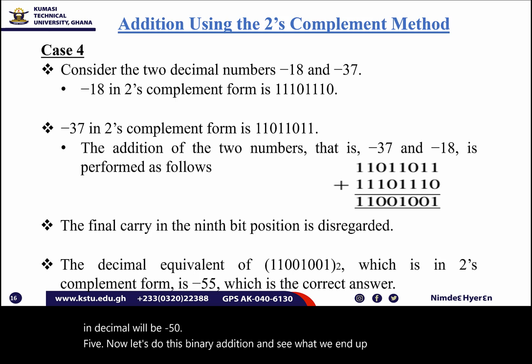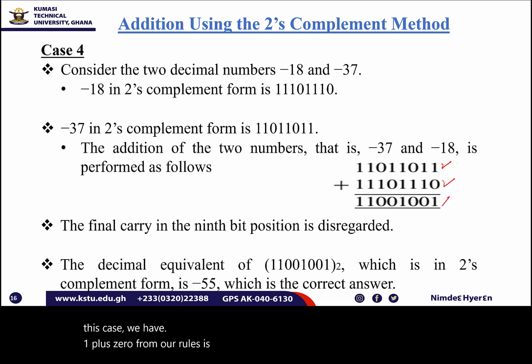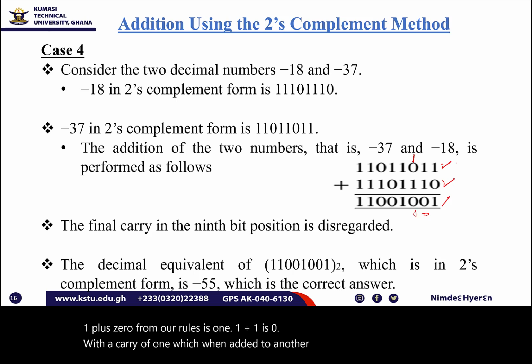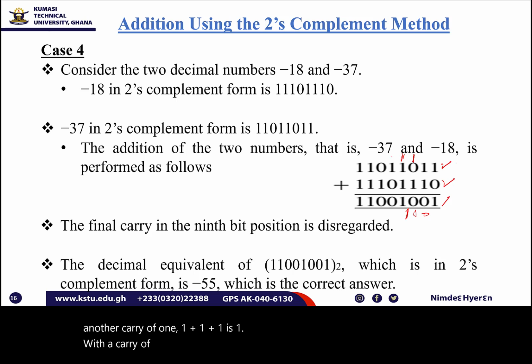So in this case, we have 1 plus 0 from our rules is 1. 1 plus 1 is 0 with a carry of 1, which when added to another one will give us 0 with another carry of 1. 1 plus 1 plus 1 is 1 with a carry of what? 1.